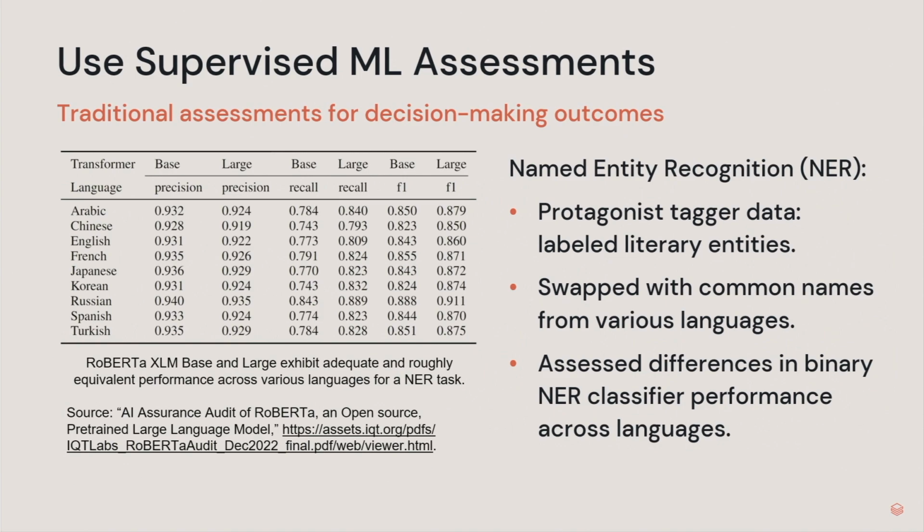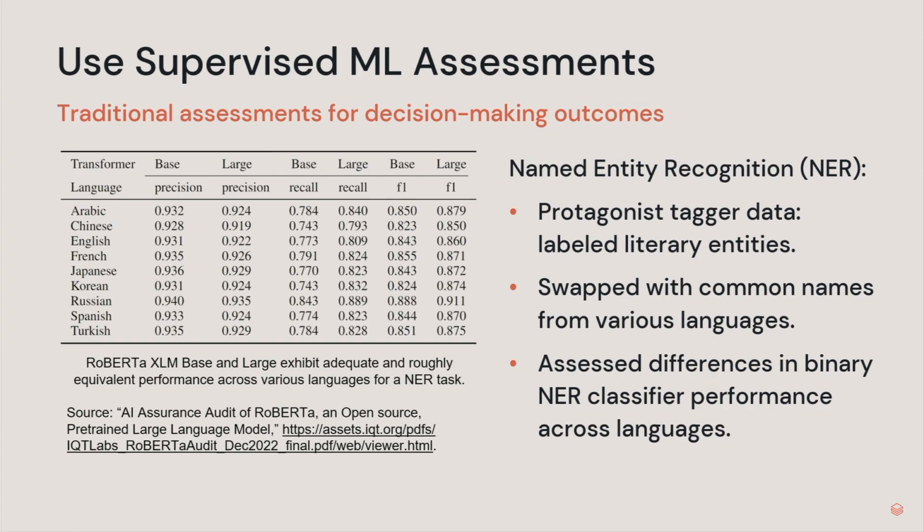Okay, so this is one of the language model audits I've been involved with personally. This was for RoBERTa, RoBERTa embeddings being used in a supervised context in an application. I don't know what the application was. It was from the intelligence community. And so they wanted to make sure that there wasn't biased performance across different languages.